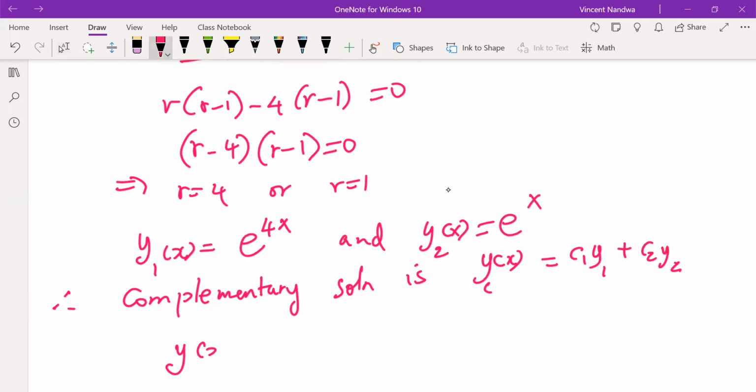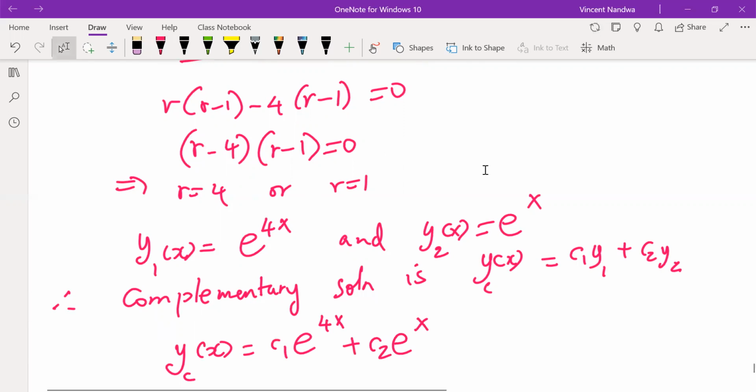So which will be yc equals c1 e raised to power 4x plus c2 e raised to power x. Once you are done with the complementary solution, you go to the particular solution.